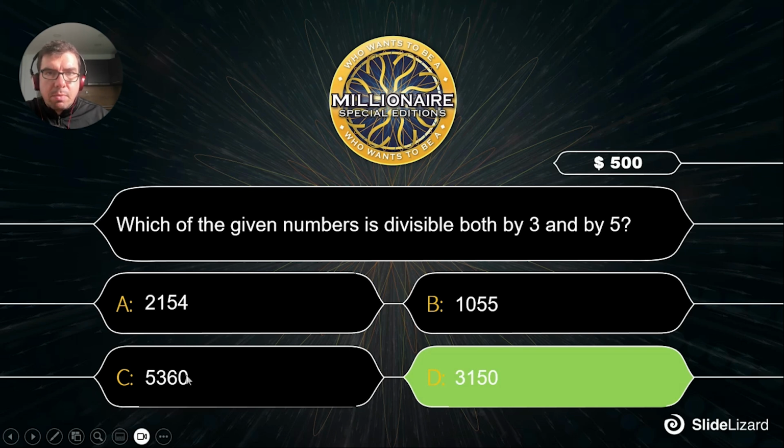Again, not divisible by 3. And finally, the only option is D. If I sum up the digits, 3 plus 1 is 4, plus 5 is 9, plus 0 is 9. 9 is divisible by 3, and therefore 3150 is also divisible by 3. Let's jump into the next one.